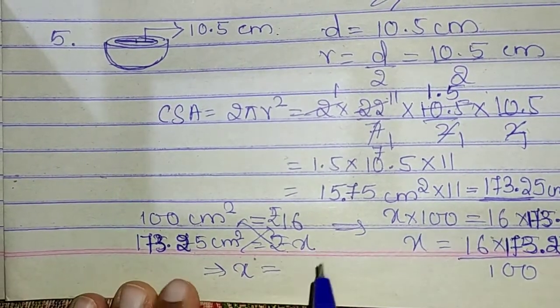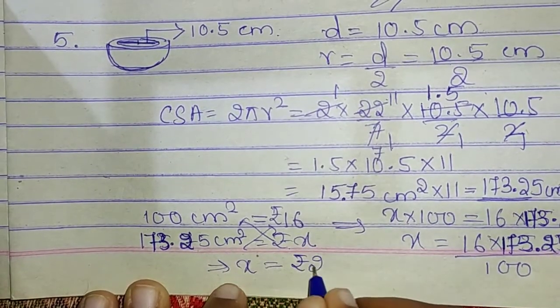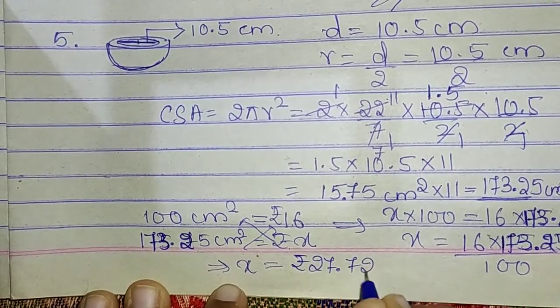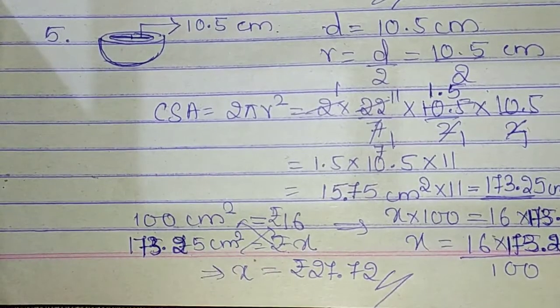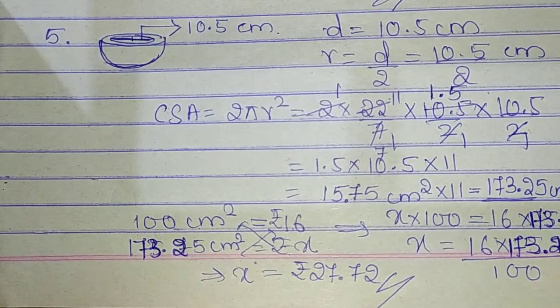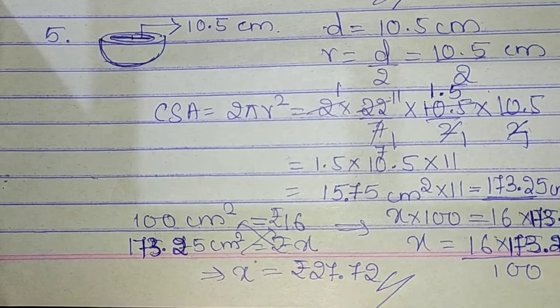We get the value of x to be equal to rupees 27.72. This is the solution to the fifth question.